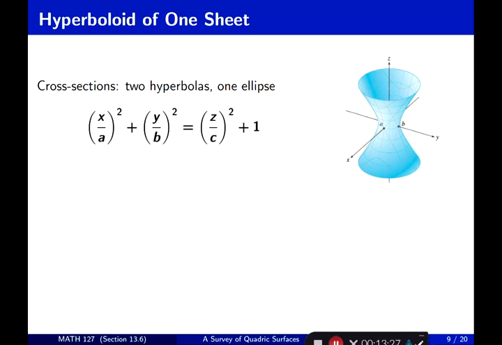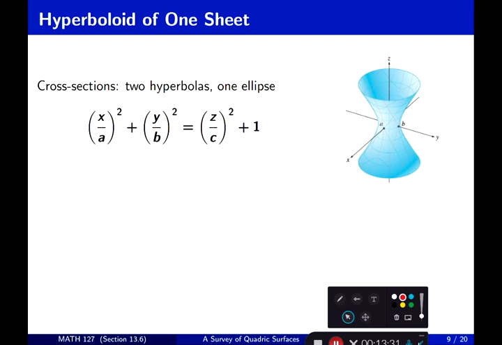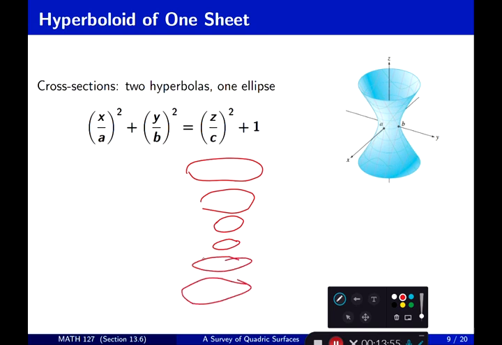So we're saying cross sections are hyperbolas, and in one way they're ellipses. The ellipses are changing. It's not like what we saw with cylinders, and so the ellipses are smaller down in the middle. Sometimes I put in the easiest one that I can think of, and I see the ellipses.